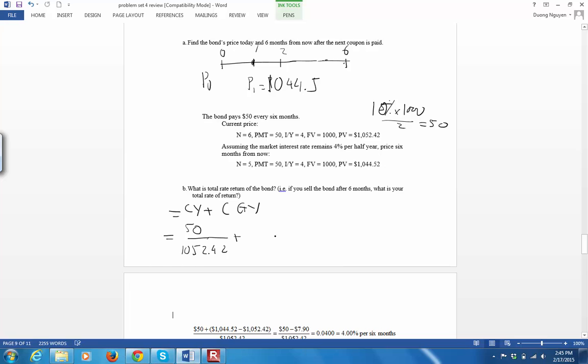So 1044.52 minus the beginning price, 1052.42, divided by 1052.42, and basically the whole thing equals 4%. So the return for 6 months is equal to 4%.